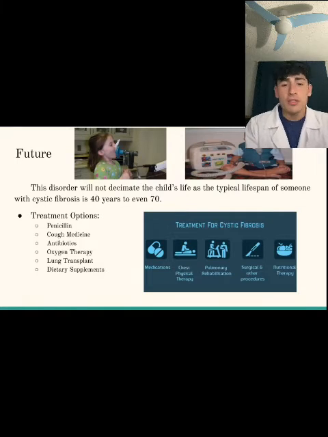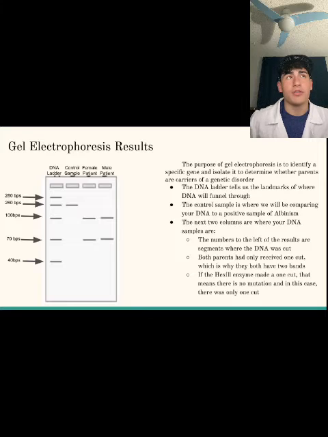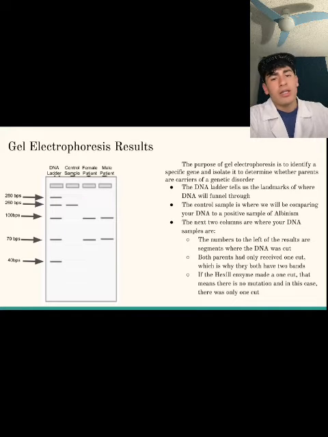Yeah, thank you for coming in today. I want to begin by saying thank you for coming in, and let's get through these gel electrophoresis results. I have great news. It does appear that you both are unaffected by this trait that we were looking for called albinism. And in this case, if we look at the numbers to the left, we are able to tell that it was cut at the 170 marks.